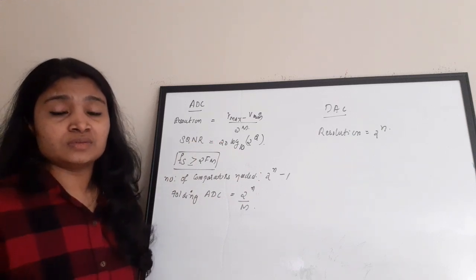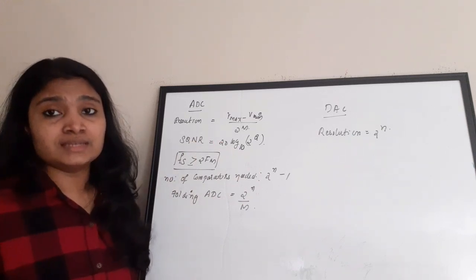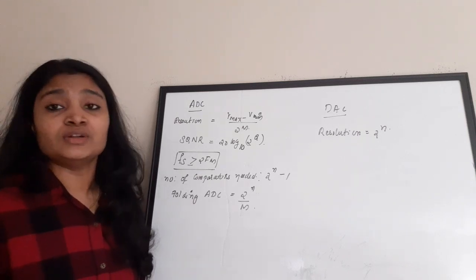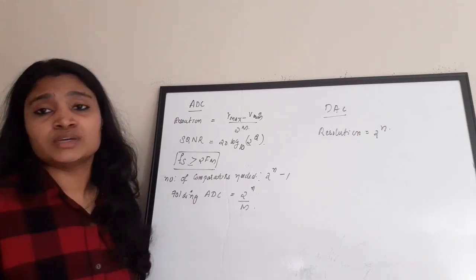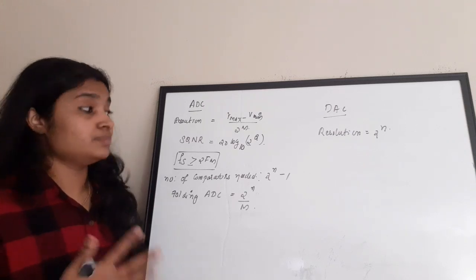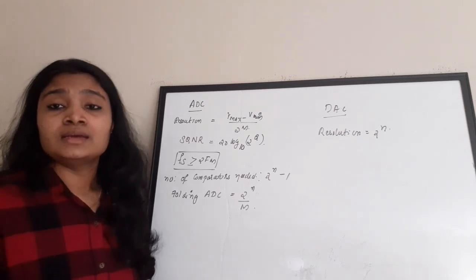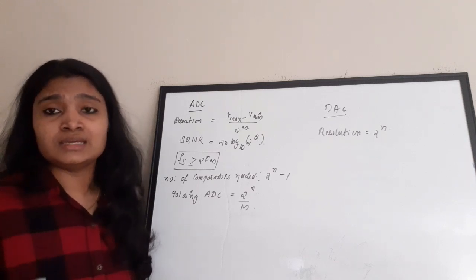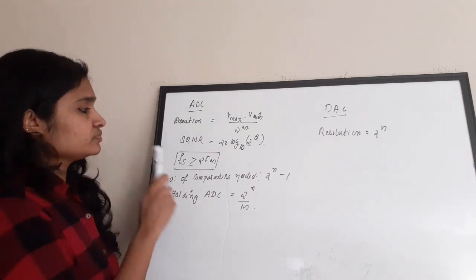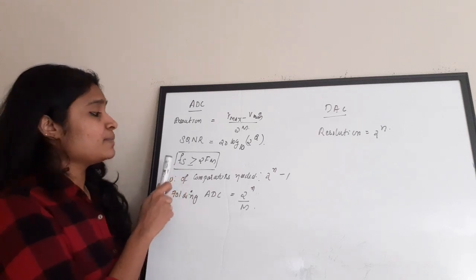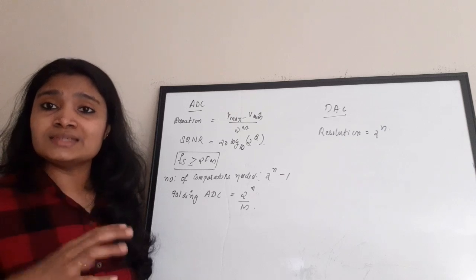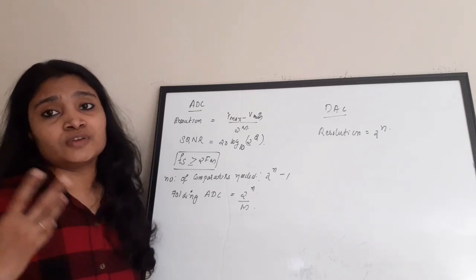Another important equation while considering the sampling of the signal is that the signal has to be sampled at the Nyquist criteria. This is a very useful equation, because I have not seen any question paper without at least one Nyquist criteria question. So this is the relation: sampling rate Fs should be greater than or equal to twice the maximum frequency of your signal.